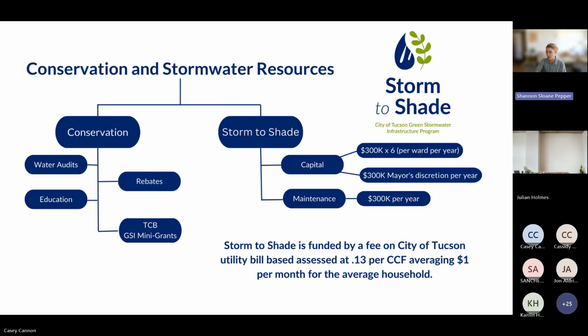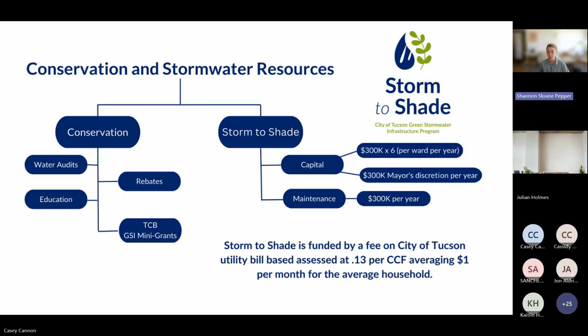So the Tucson Storm to Shade program, I just wanted to show you this quick diagram here. The Storm to Shade program has their funding for stormwater infrastructure separated into capital funding and then maintenance funding. It's important to note here for the numbers that $300,000 was the estimated maintenance budget for the Storm to Shade program when it was first proposed.